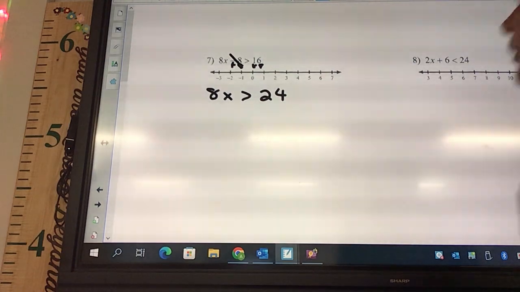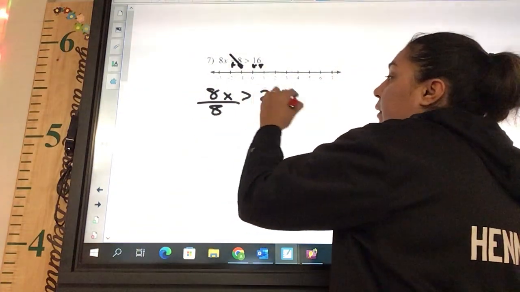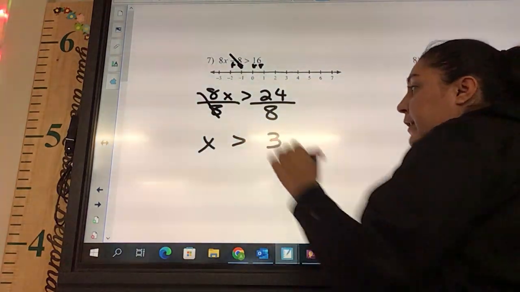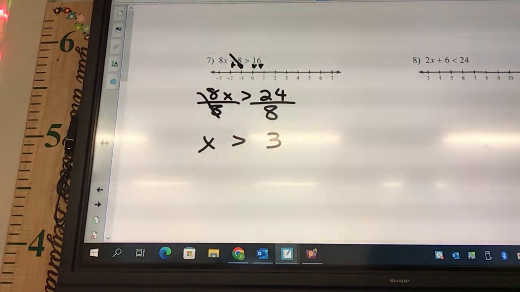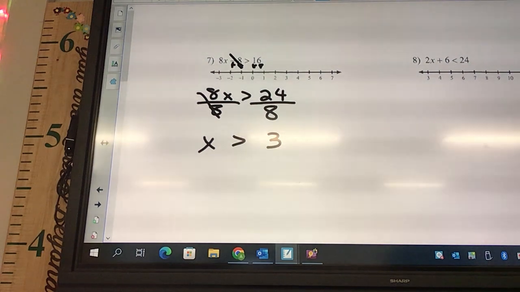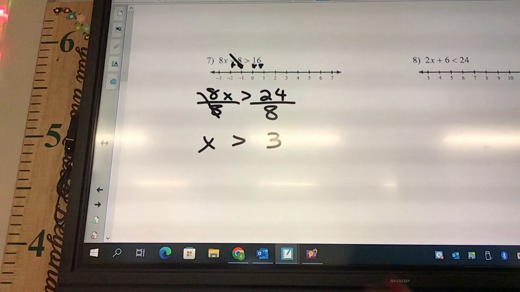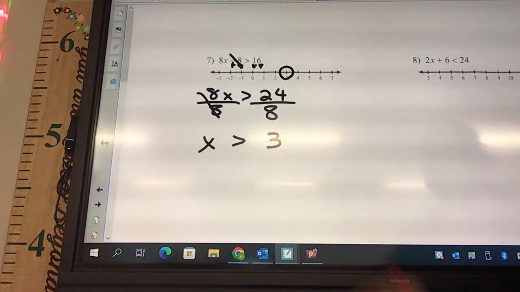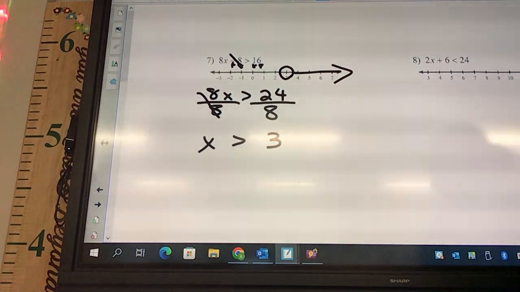When do you need to flip your sign? When you divide or multiply by a negative. Okay, so in this case, we don't need to flip. Okay, should that 3 be open or closed? Open. Going which way? Right. To the right. Okay, it says x is greater than 3.